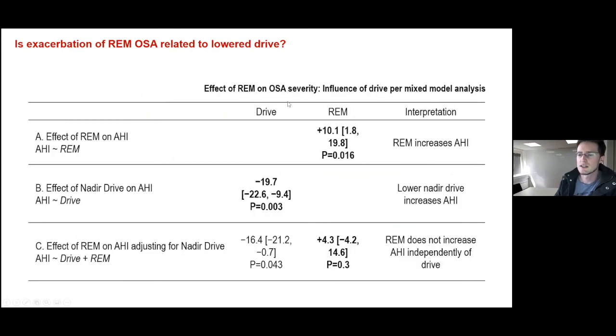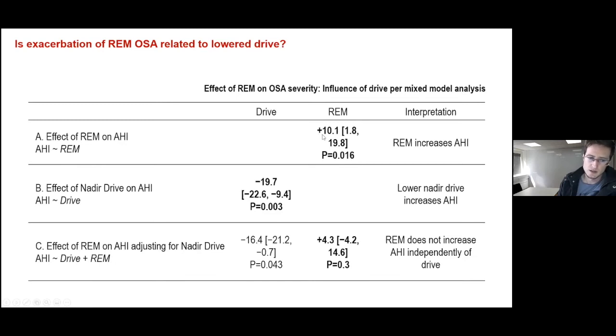Actually, this is slightly different. For each patient, we have their REM AHI and their non-REM AHI. The non-REM AHI was on average 20 and the REM AHI was on average 30. So there's an increase in AHI in REM by 10 points, like a 50% increase. Much worse hypoxia, by the way, about 5-fold worse hypoxia in REM. But there's a 10-point increase in AHI.